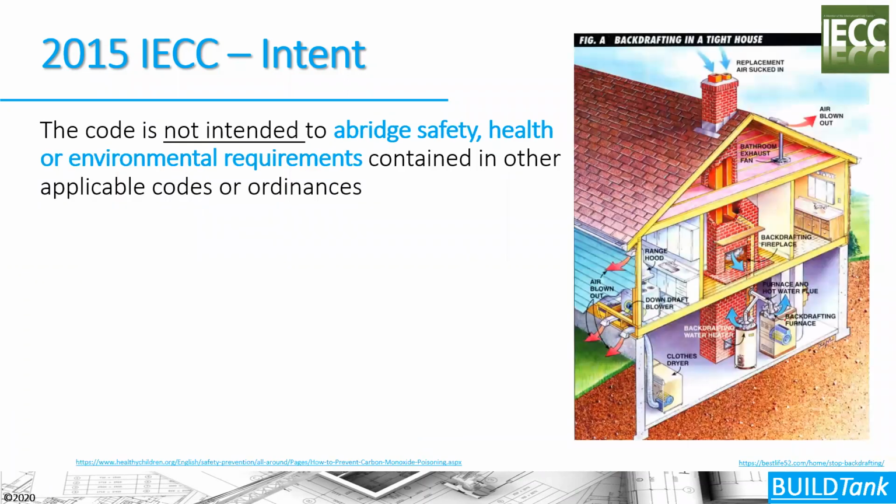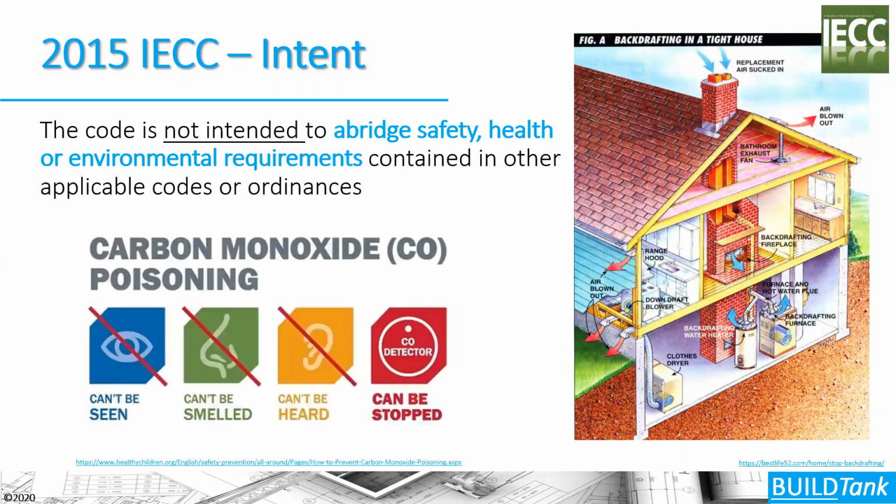The last statement of the intent statement says that the code is not intended to abridge safety, health, or environmental requirements contained in other applicable codes or ordinances. So the reality of this intent statement is that this code, just like any other code, is a health and safety code.